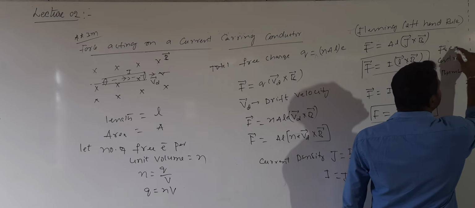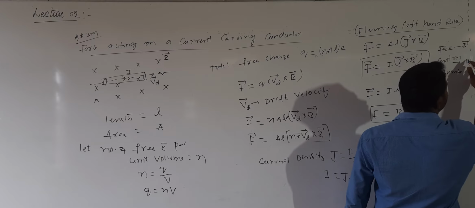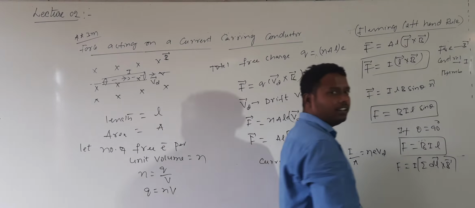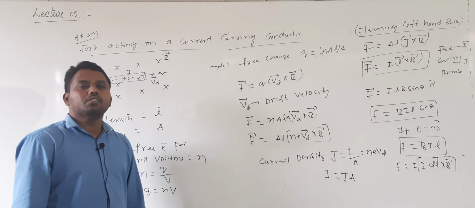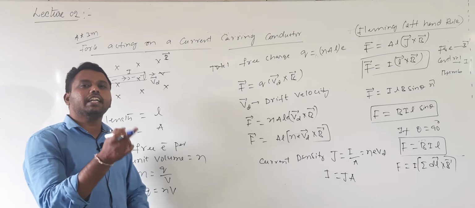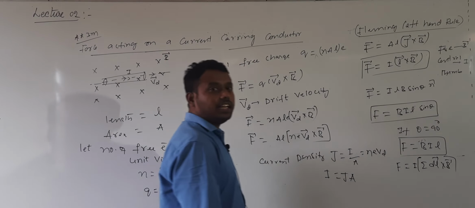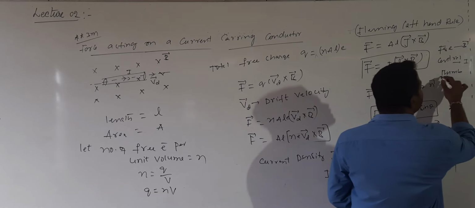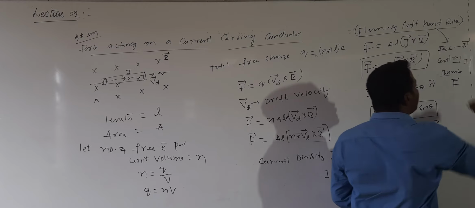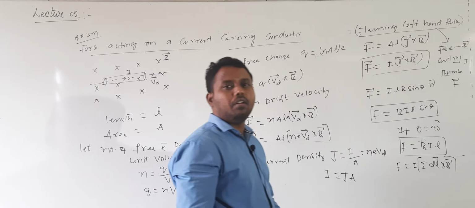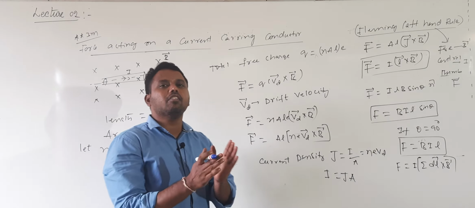The forefinger indicates the direction of B bar, the central finger indicates the direction of current I. In case of a charge, the central finger indicates the direction of velocity, but now the central finger indicates the direction of current, and the thumb indicates the direction of F bar. So Fleming's left hand rule can be applied for finding the direction of magnetic force acting on a current carrying conductor.